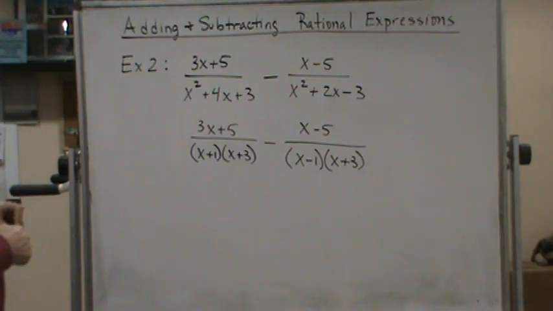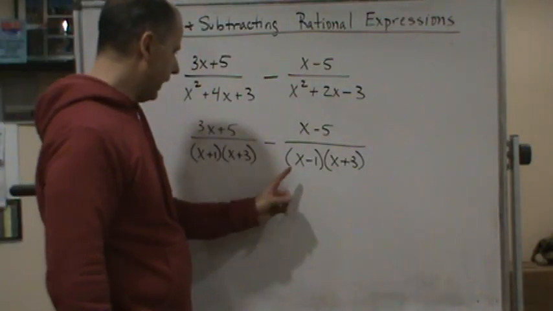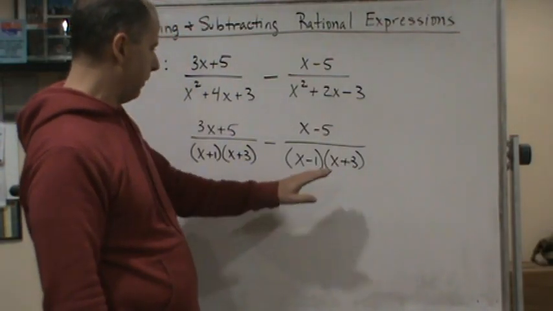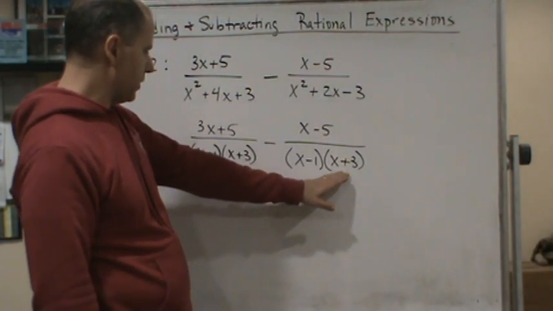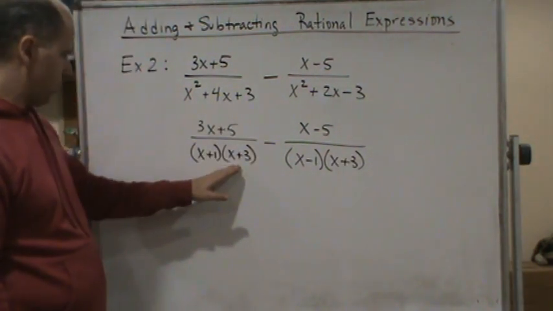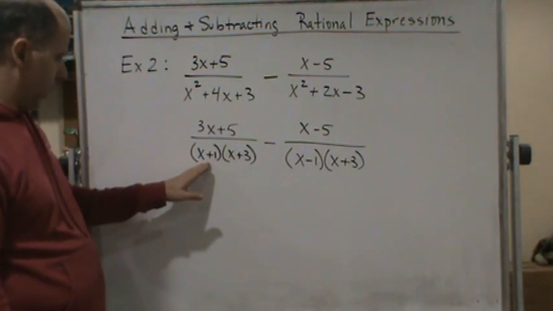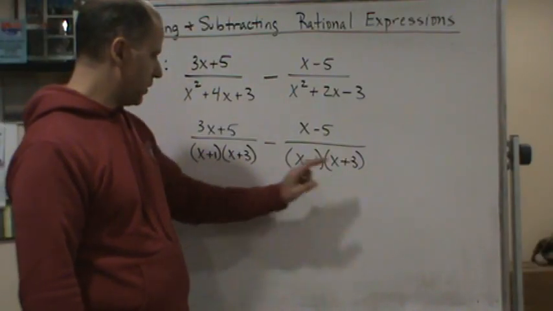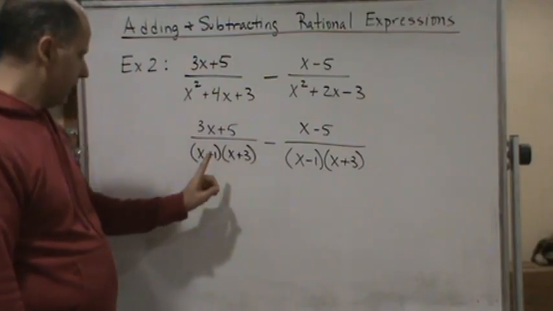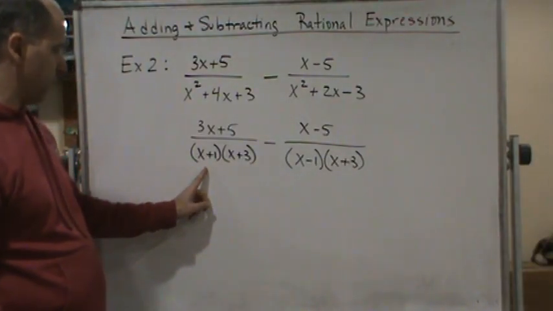Okay, now, we want to get a common denominator here, so we want all the factors to be the same. So here we've got an x plus 3, an x minus 1, we've got an x plus 3, and an x plus 1. So they both have an x plus 3, but this side is missing an x plus 1, this side is missing an x minus 1.